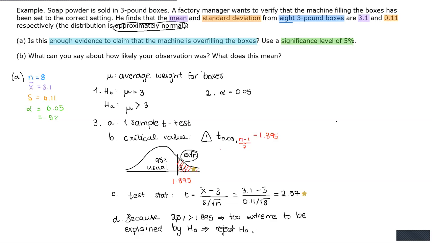Okay, so the fact that I'm rejecting the null hypothesis means that, using a level of significance of 5%, I'm able to say that there is enough evidence.